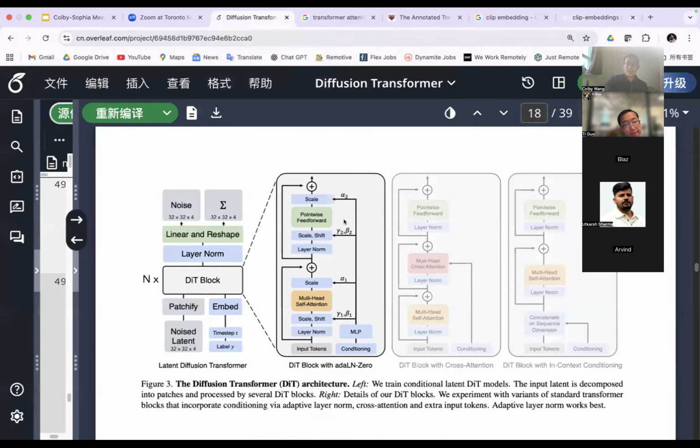And the third way, which they do, is cross attention. In cross attention, we treat the text tokens separately. Let's say I have the text "the diffusion transformer." This will be 3 tokens, and then your image may be 100 tokens. The idea is that the 3 tokens will pass some information to the 100 tokens.